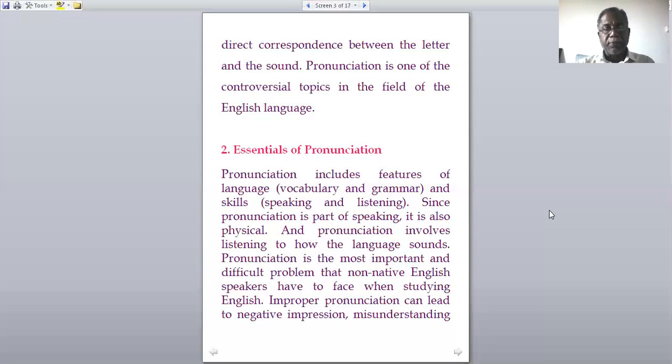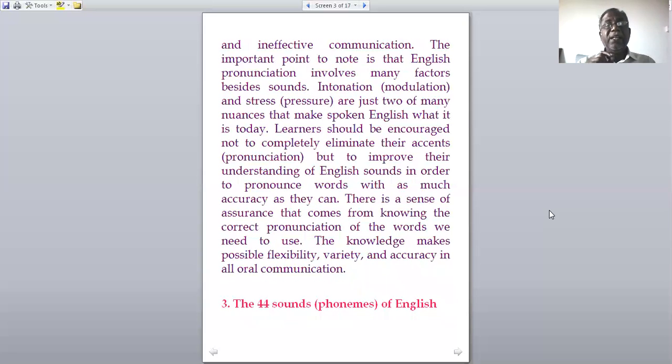So negative impression. Second one, misunderstanding. They will understand in a different way and they may respond in a different way. Sometimes they may not respond. And third, ineffective communication. Communication won't be effective. The important point to note is that English pronunciation involves many factors besides sounds.